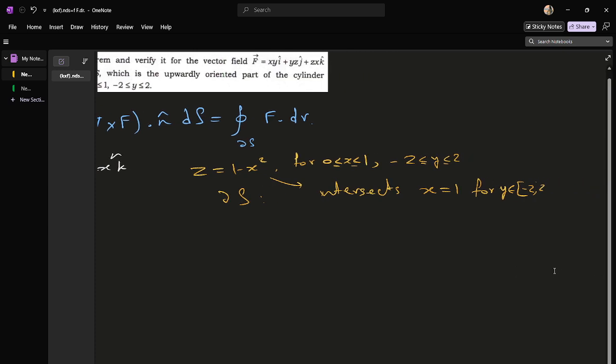Okay, now the orientation. The surface S is upwardly oriented, meaning the normal vector points away from the cylinder.